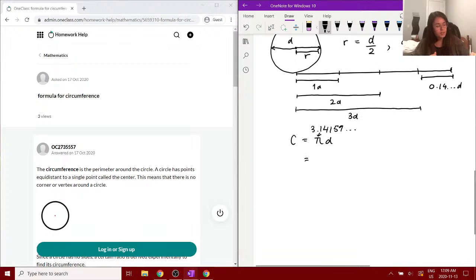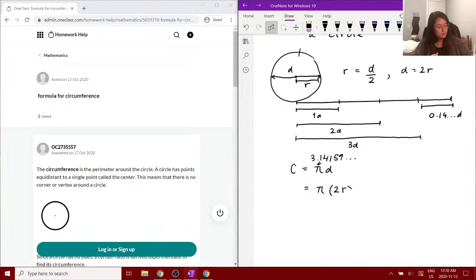So we can also get that the circumference is equal to pi times 2r. Pi times 2r, and more commonly seen as 2 pi r, the circumference. So these are the two main formulas for circumference.